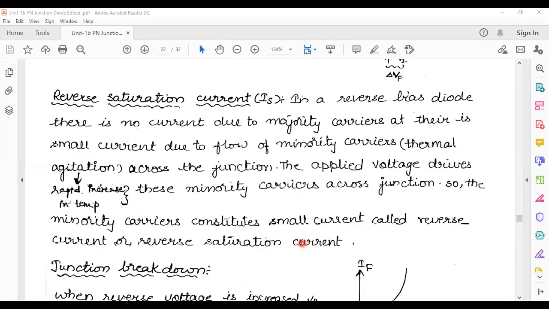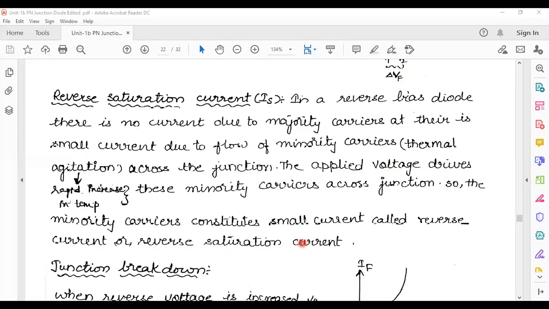When the minority carriers drastically increase the flow of current by increasing the temperature, that condition I can take as thermal agitation here. Rapid increase in the temperature level by increasing the voltage in the reverse bias direction, I can treat that condition as thermal agitation condition.